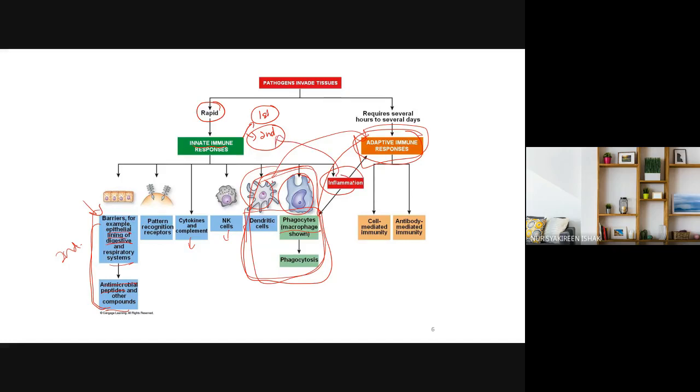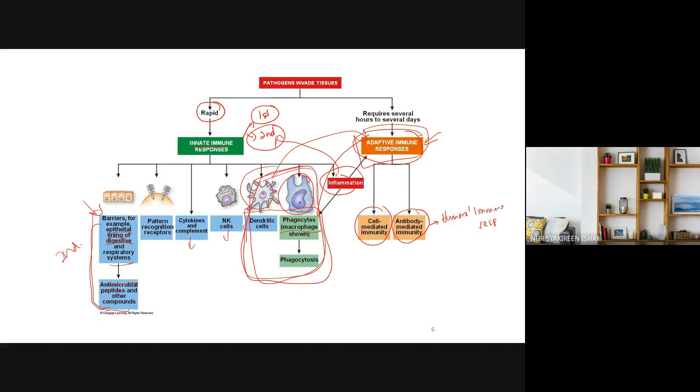Okay. So for the third line defense, when it is activated, it is divided into two, which is antibody mediated immune response and cell mediated immune response. Antibody mediated immune response, kalau awak baca dalam buku Campbell, dia akan guna istilah humoral immune response.